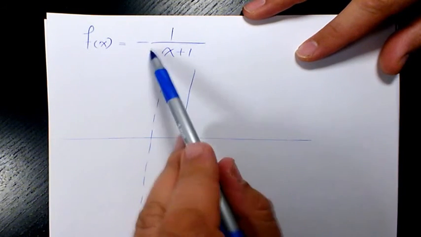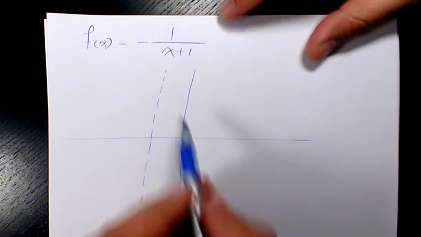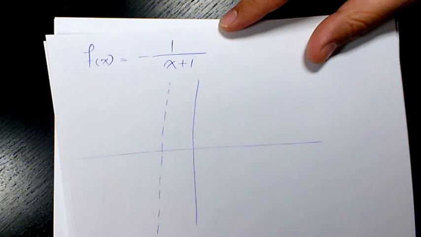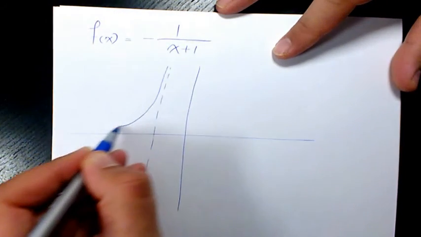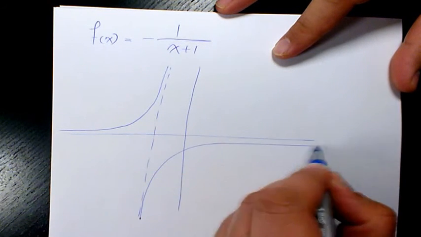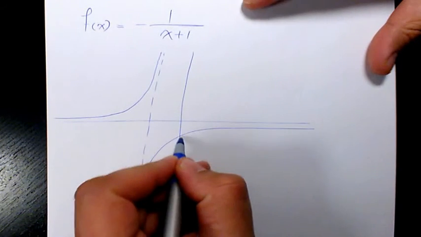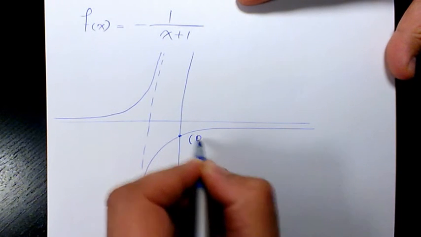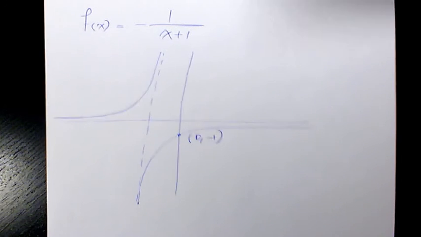Since it is negative, or the numerator is -1, instead of having the graph here and here, we're going to have this function because it's negative here and in here. And this is the y-intercept, which we got as (0, -1). So that's basically the graph of this function.